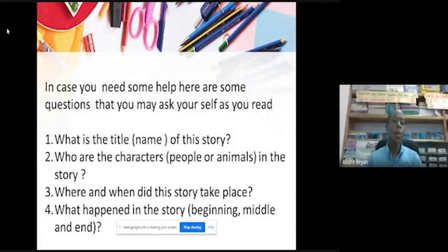Who are the characters, people, or animals in the story? Where and when did this story take place? And what happened in the story? You may also want to pay special attention to what happened at the beginning of the story, in the middle of the story, and at the end.